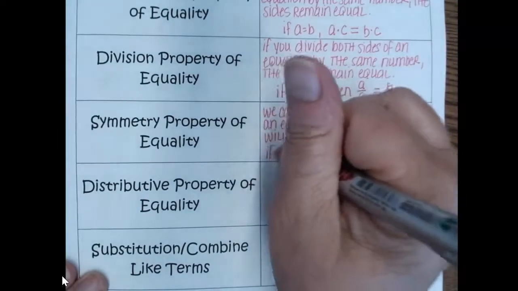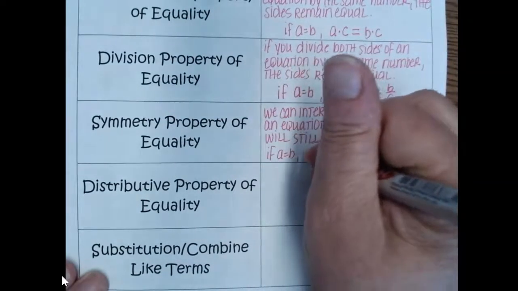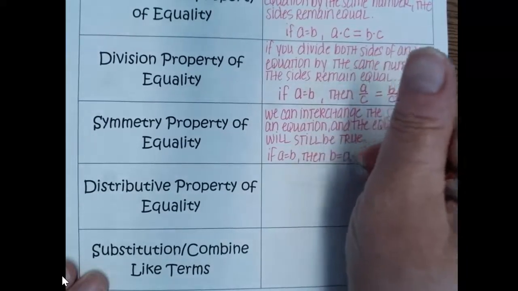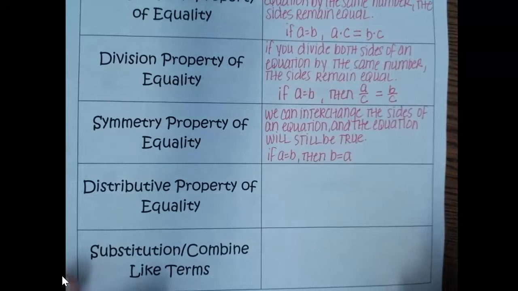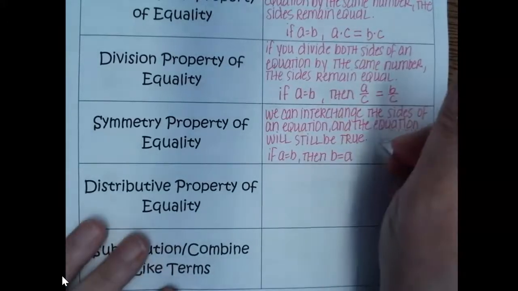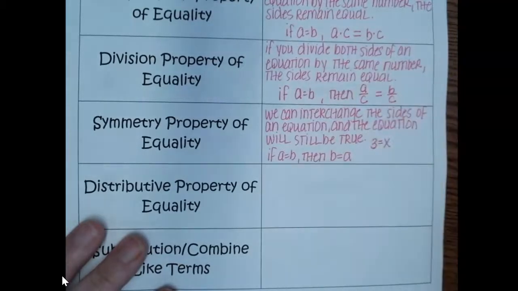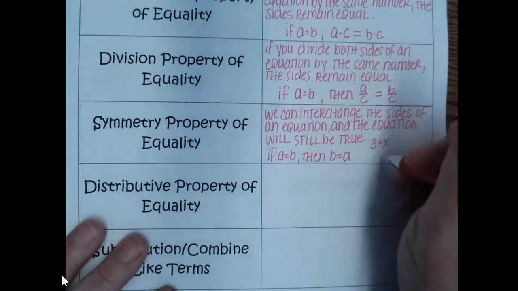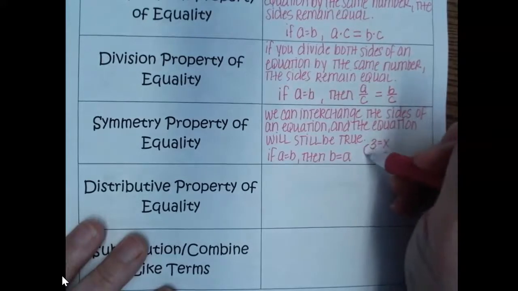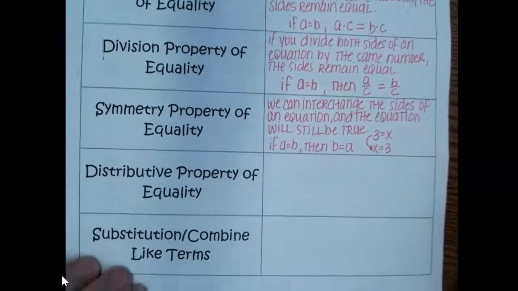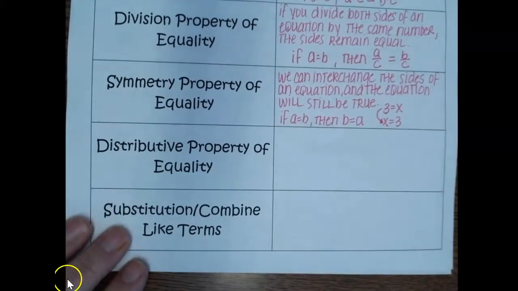So if A equals B, then B equals A. Where you're most likely to see this is sometimes when you solve an equation, you end up writing your answer like 3 equals x because of where the variable was. The proper way to write it is the other way around, x equals 3. And so that would be your symmetry property to take it from there to there.